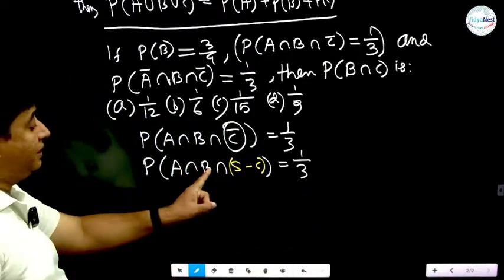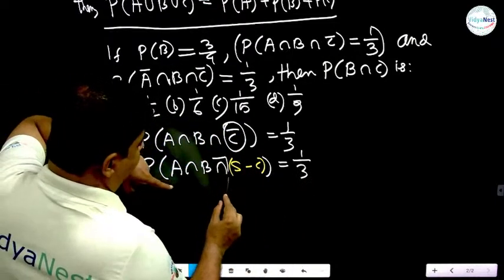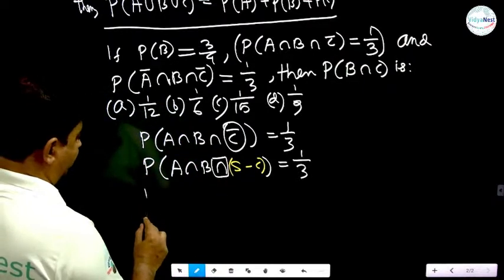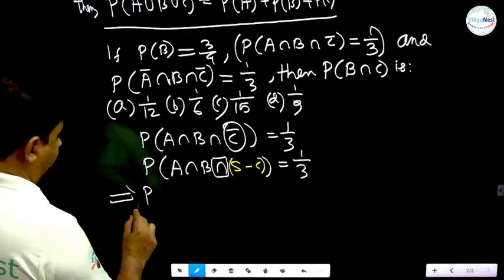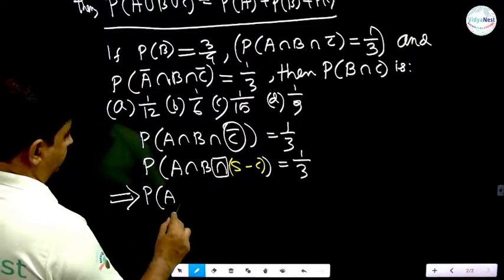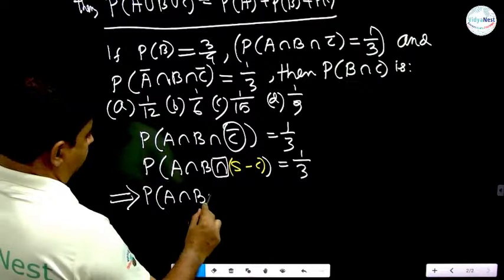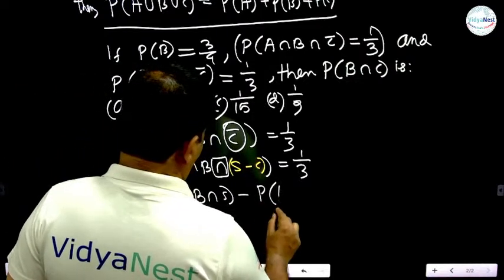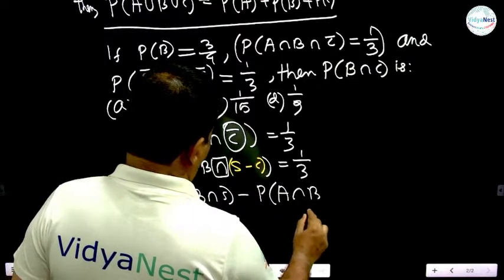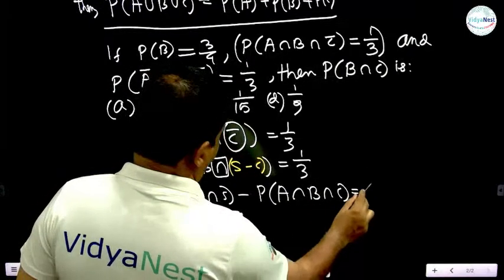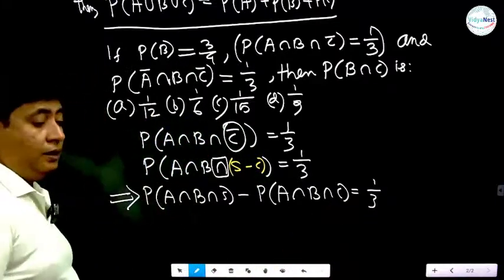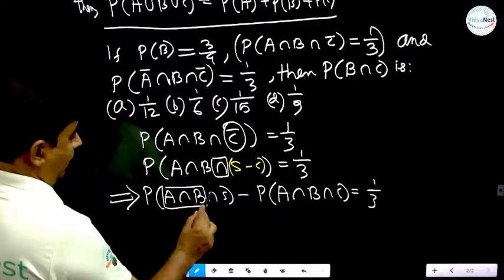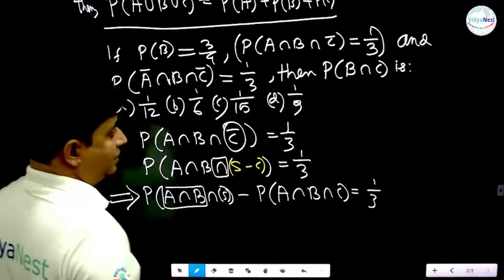Now with that intersection sign, we can split this probability into two parts. Now this is A intersection B, and that is universal set S, like this.